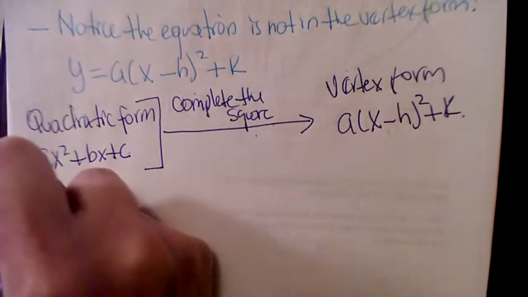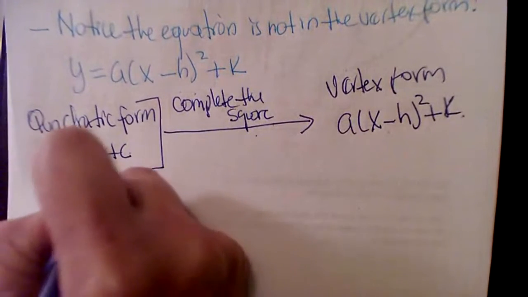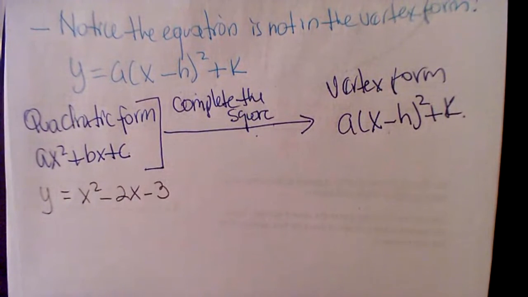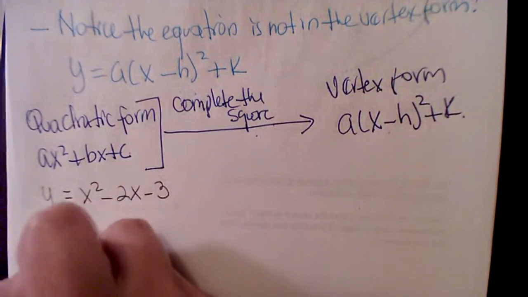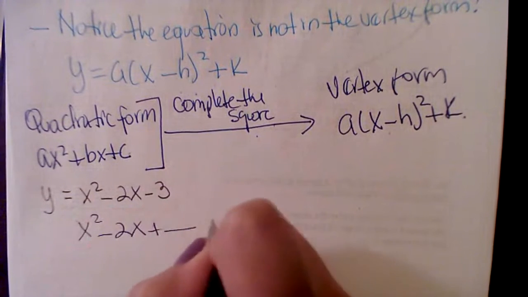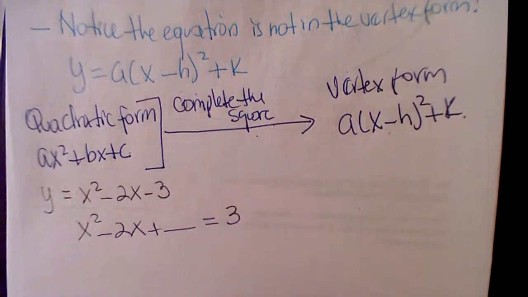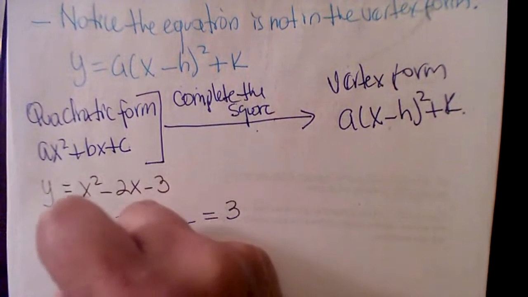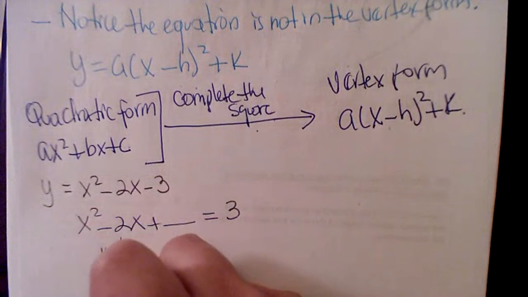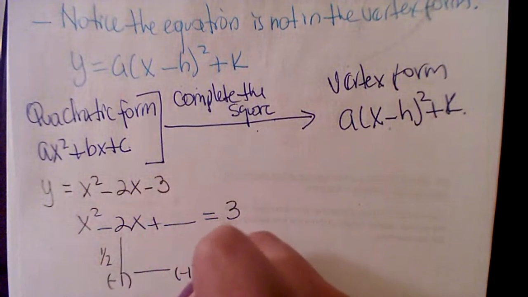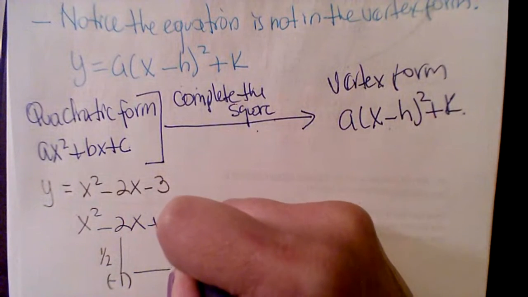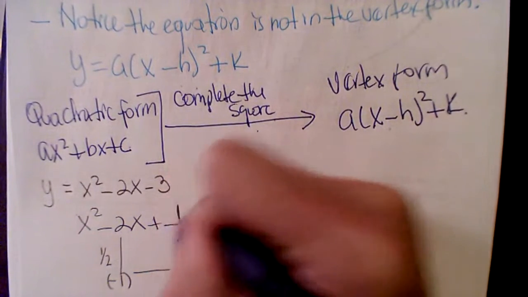We have y is equal to x squared minus 2x minus 3. Right? So we said x squared minus 2x, remember, plus equals to 3. Now, half of this is negative 1. Now we're going to square it, raised to the power of 2, we get 1.